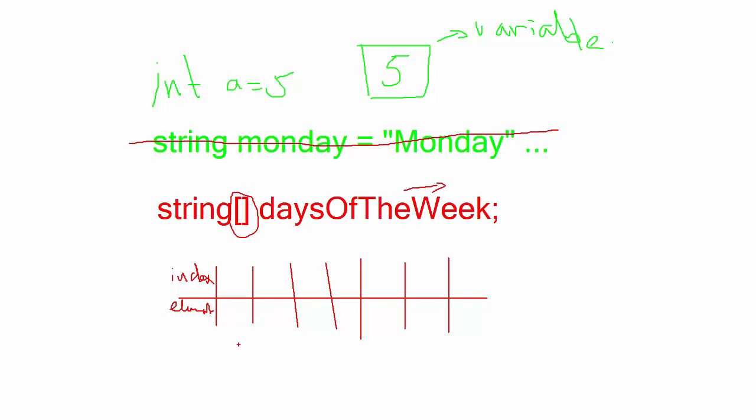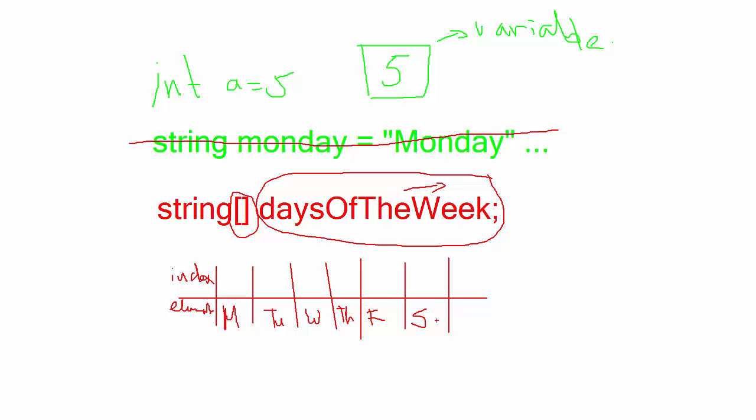Okay, so inside we have sort of like a table or a list with elements, and we can access each of them individually, but they are part of the same array. They are part of the same collection or of the same list of elements, however you want to interpret that. So in the first cell we'll have, let's say, Monday. In the second we'll have Tuesday, then Wednesday, then Thursday, Friday, Saturday, and Sunday.